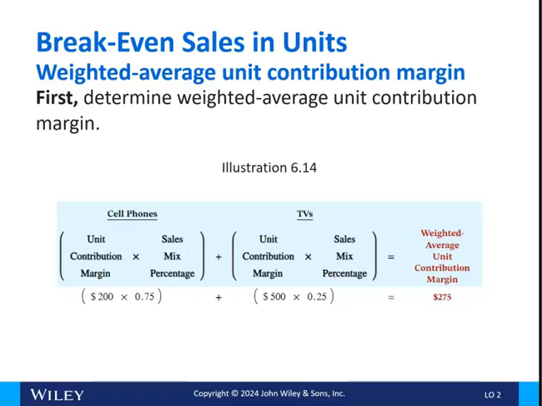So cell phones, 75% sales mix, $200 unit contribution, so 200 times 75%, plus TVs, $500 unit contribution margin times 25% sales mix. We get our weighted average unit contribution margin of $275. So it's just doing that math and adding them together.